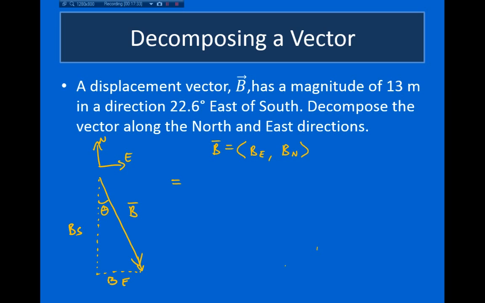So the east component is 13 meters times sine of 22.6 degrees.